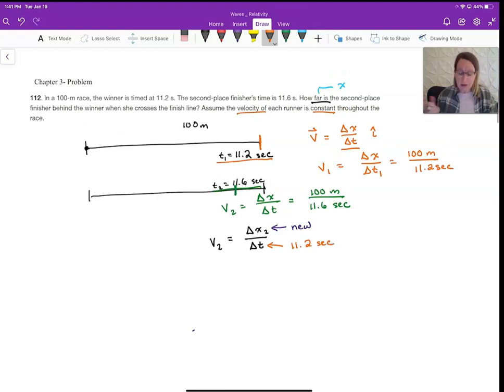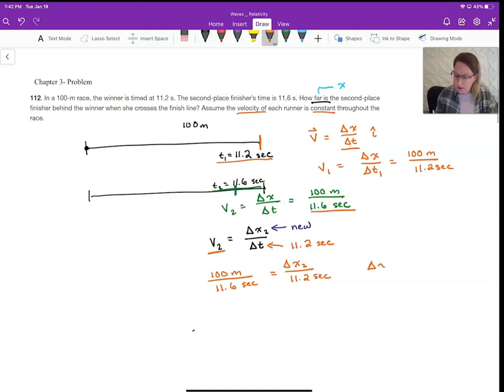But she's still running with the same speed, so we can put in our value for v2 that we got right over here. So we get 100 meters over 11.6 seconds is equal to the distance delta x2 in 11.2 seconds.